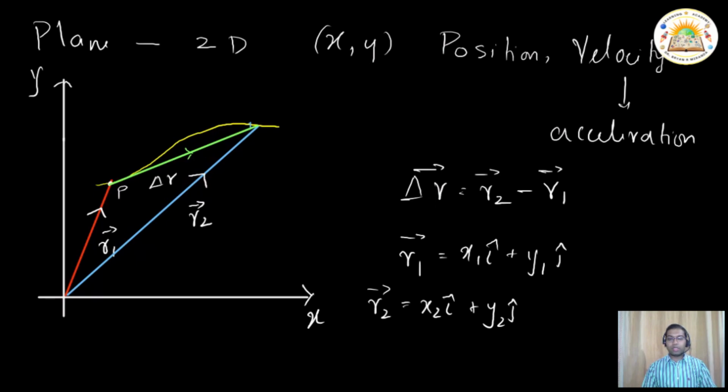Now I need x1, x2, y1, y2. For this particular position here, I'll take a very thin line and draw it such that this will give me my x1 and x2. So this is going to be x1, this is going to be x2.